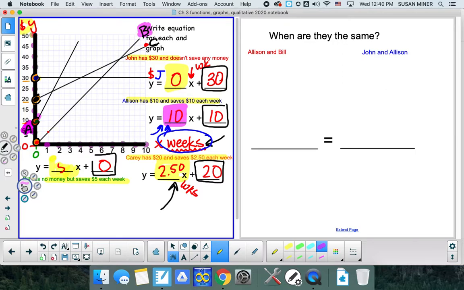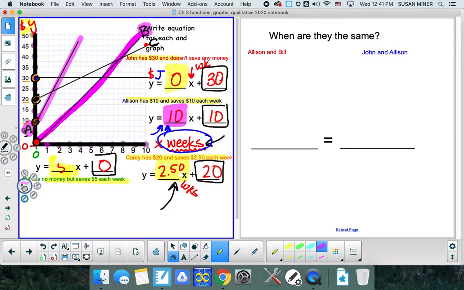So here's Allison's line. Let's draw that in there. And here's Bill's line. Nope, that's Carrie. Was that Bill's line? He starts out at 0. Yes, that's Bill's line.